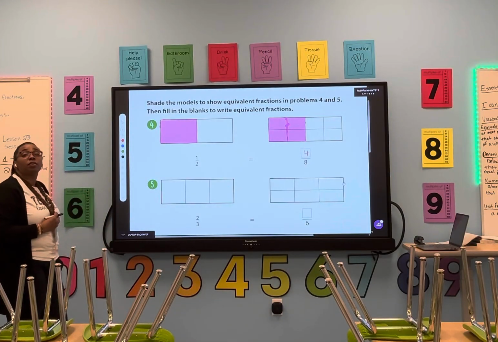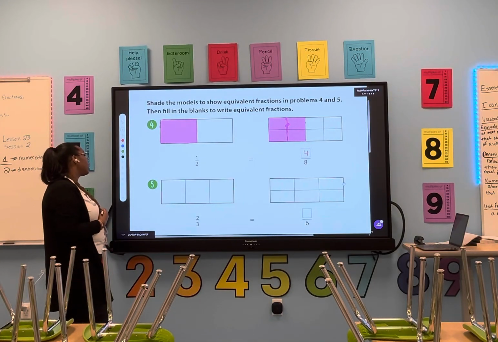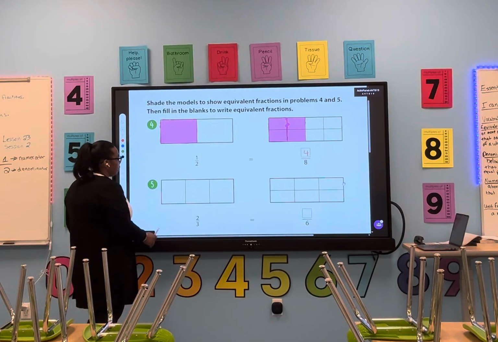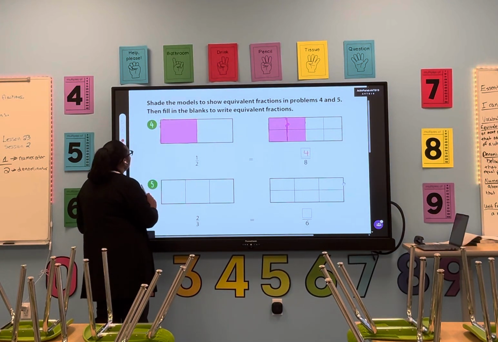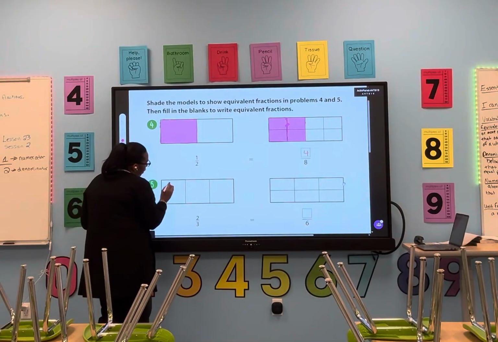You're going to do the same thing for number 5. So number 5 has 2/3. So that means the denominator tells me I have 3 parts. 1, 2, 3. My numerator tells me I'm going to shade in 2 of those parts. So let's go ahead and do that.